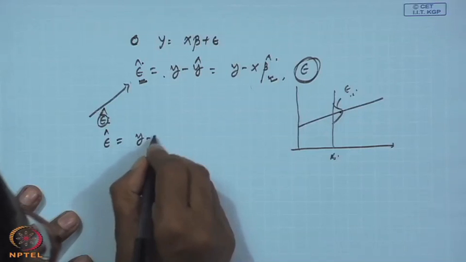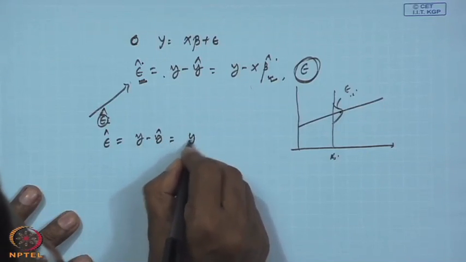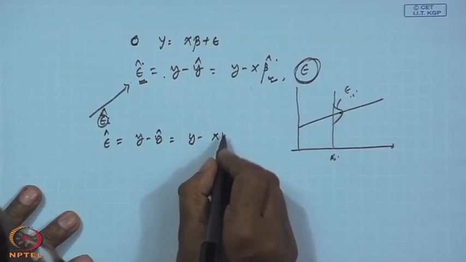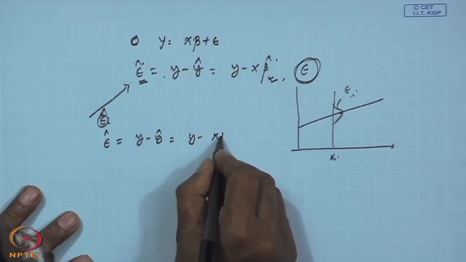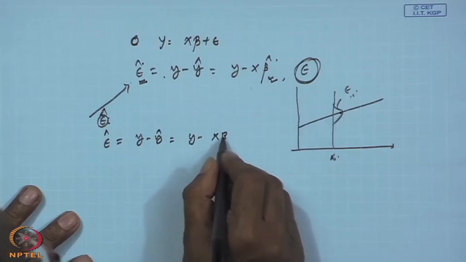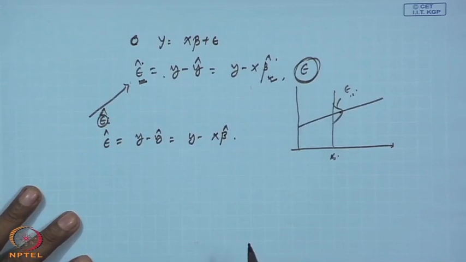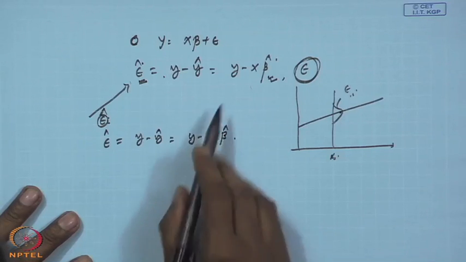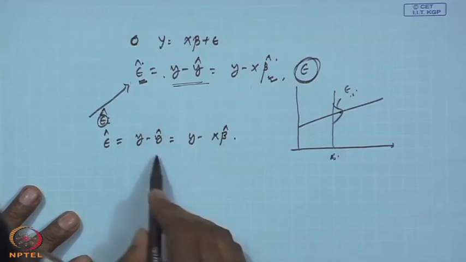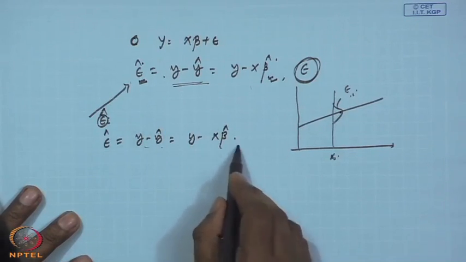This is y minus y cap, equal to y minus x beta cap, which we have used earlier. Y equals x beta, and x beta cap.